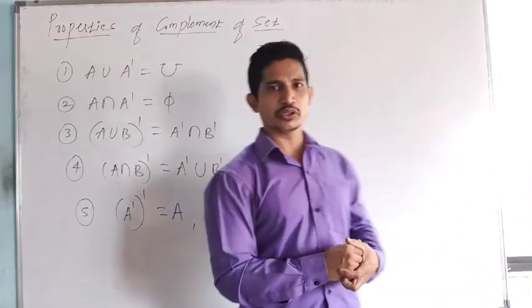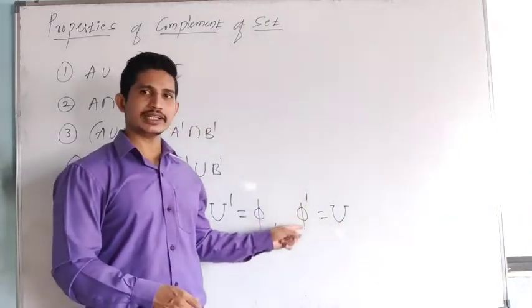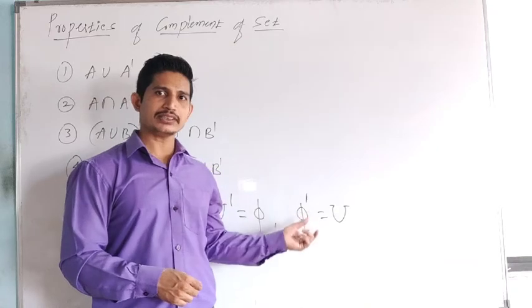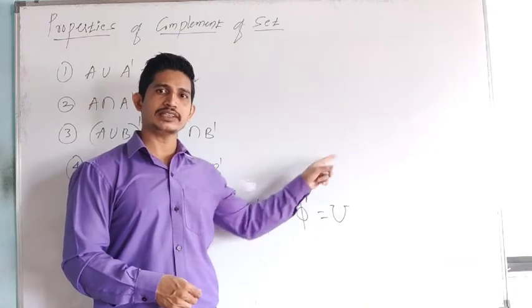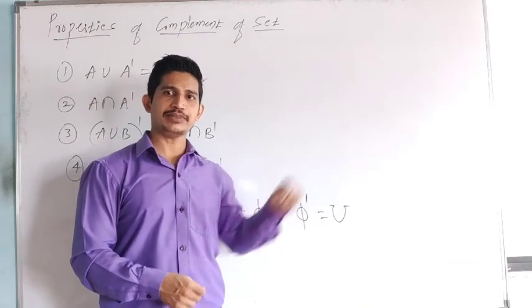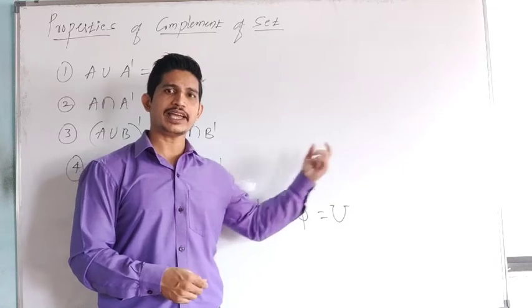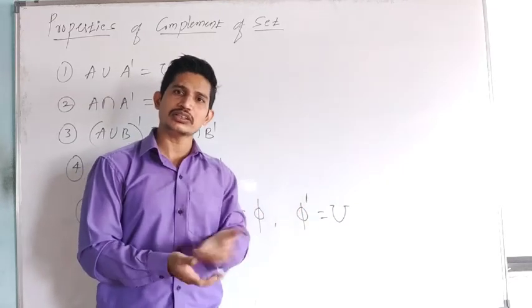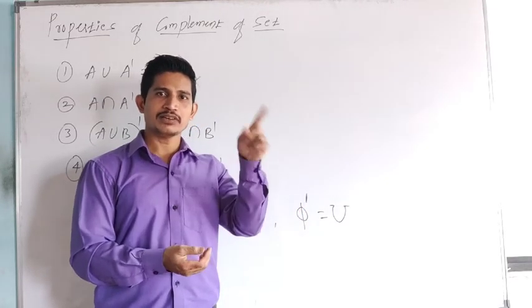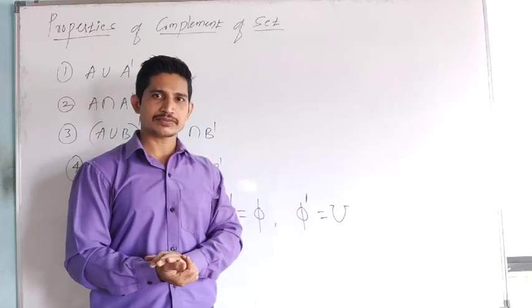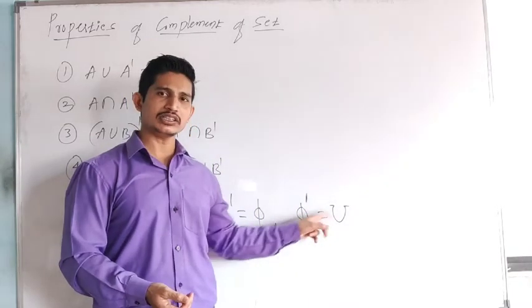Okay, now one more is there. What is the complement of the empty set? Empty set complement means U minus phi, U minus empty set. If you subtract the empty set from U, U will come again. For example, U minus 0 is what here? U only.